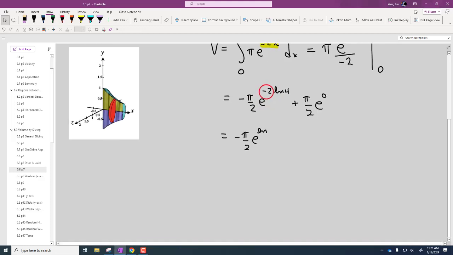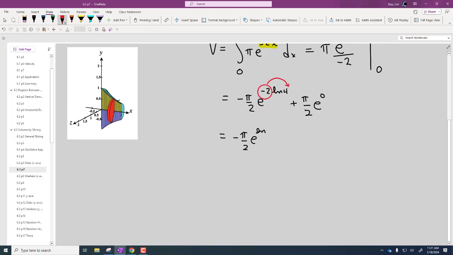So that coefficient's going to jump up as an exponent on the 4. 4 to the negative 2 is 1/16. So 1/16 is going to go inside this log right here. 4 to the negative 2 is 1 over 4 squared, which is 1 over 16.